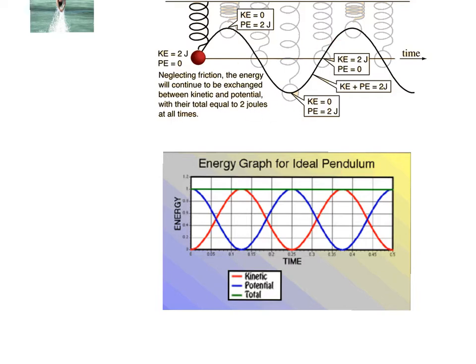The only thing that's going to be different is that in a spring system, that potential energy will be spring potential energy, and in a pendulum, that energy will be gravitational potential energy. So let's look at this in a little bit more detail. First, we'll look at a spring system, and then we'll look in more detail at a pendulum system.